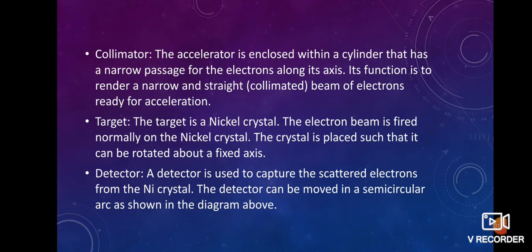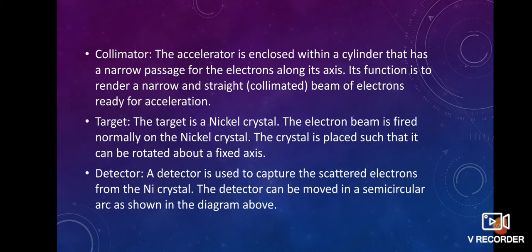Third, collimator. The accelerator is enclosed within a cylinder that has a narrow passage for the electrons along its axis. Its main function is to render a narrow and straight, that is, collimated, beam of electrons ready for acceleration.